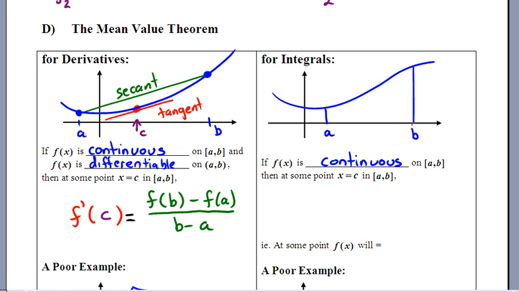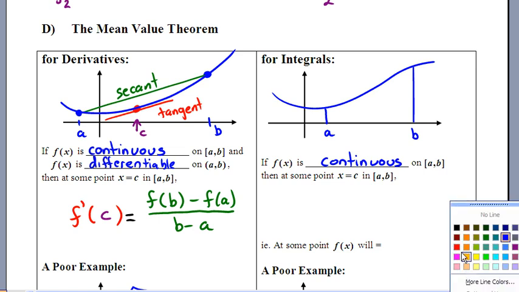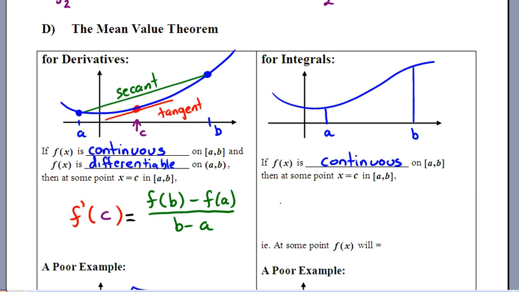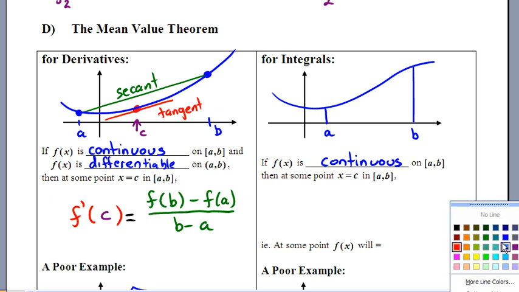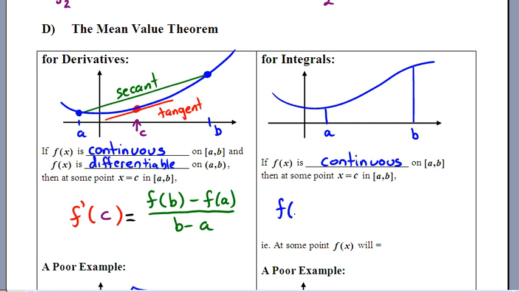Here's what this story says. At some point along the way, I'm not totally sure where, this function f of x at some special little value along the way has to equal the average value of the function.